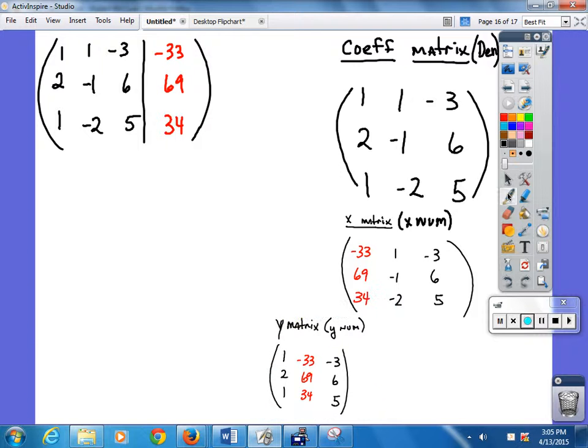And then what do you think the last one's going to be? Z matrix. And that is your Z numerator. 1, 2, 1, 1, negative 1, negative 2.